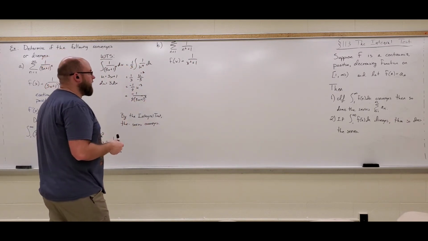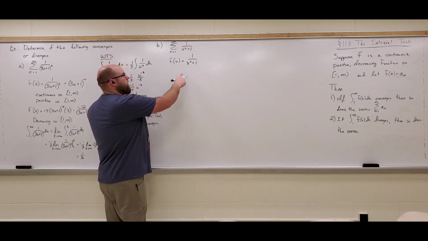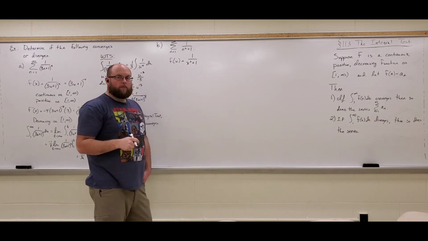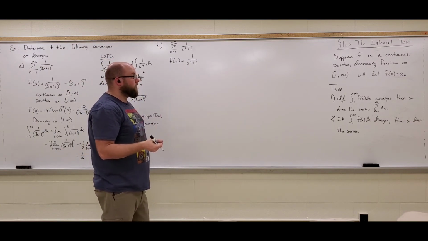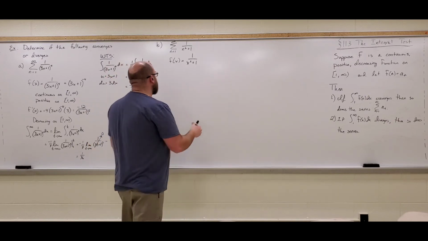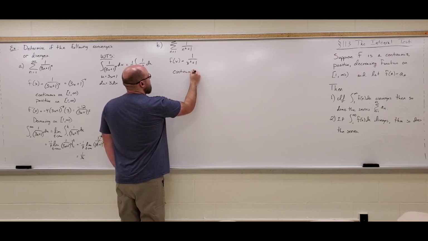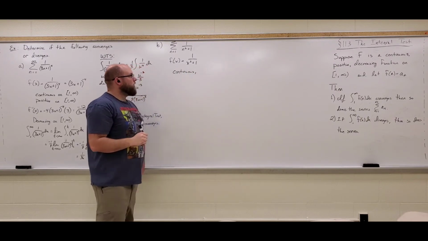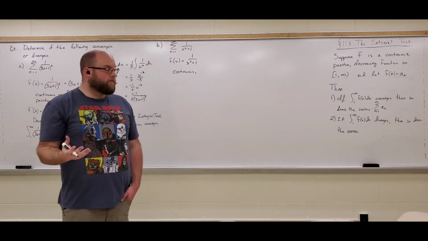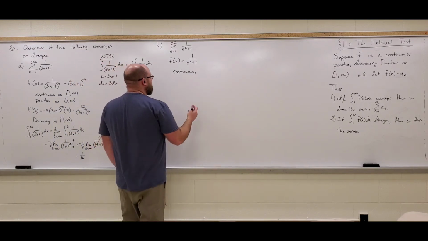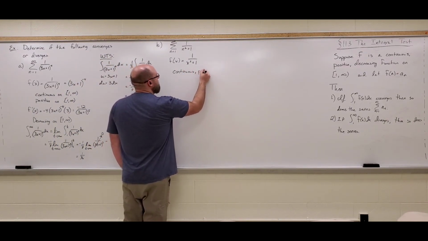I plug in an x for n. This is never 0 in the denominator. So therefore it's continuous everywhere. x squared plus 1 is never negative for a real valued function. So it's positive.